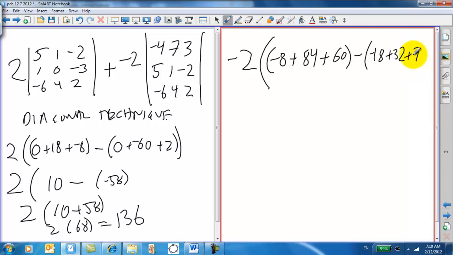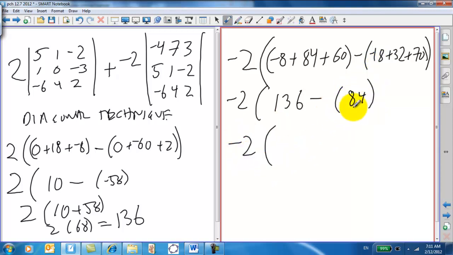Multiplying those, you get negative 2 times 144 minus 8 is 136, minus, and in here we get 32 instead of 102, 32 minus 18 is 14, 14 times 7 is 84. So negative 2 times 136 minus 84 is 52, negative 104.